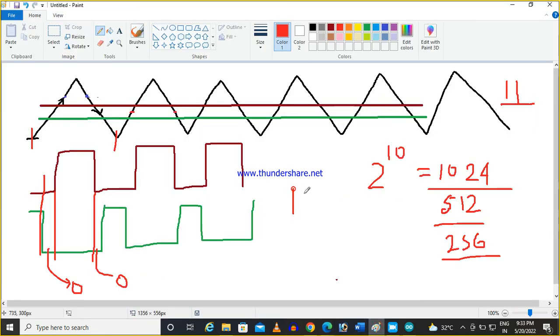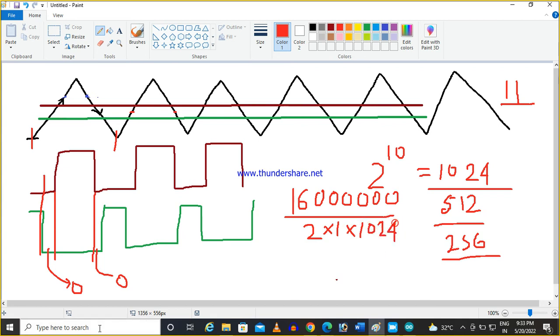So here my crystal oscillator frequency is 16 megahertz, divided by 2. My prescaler is 1 and my top value is 1024.